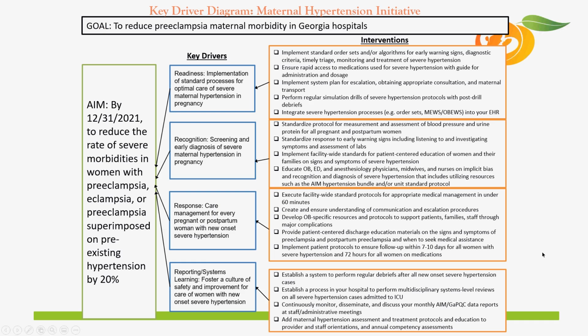And then the final component for this driver diagram is that when hospitals are doing debriefs about a particular severe range hypertension experience or outcome, when the team comes together, we set the stage that part of that debriefing process is to ask the question: to what extent could our biases have contributed to this event and this outcome?